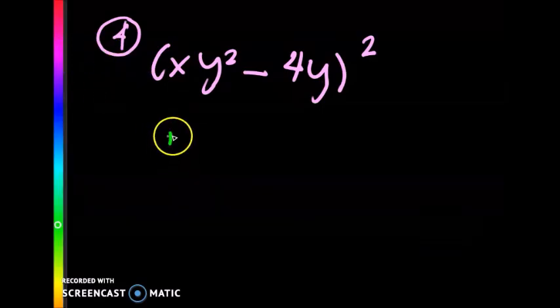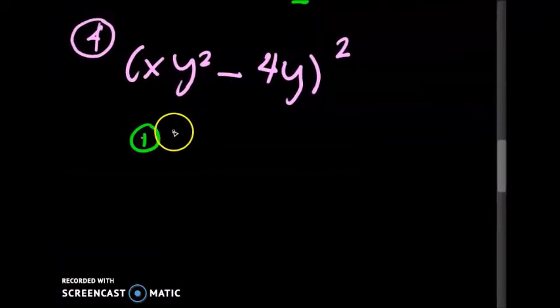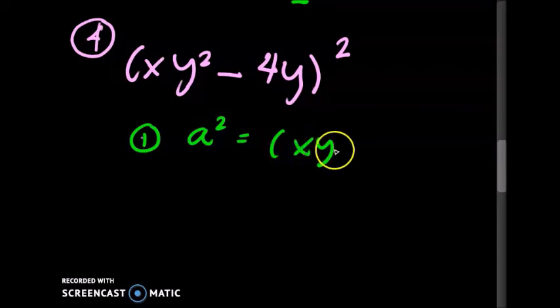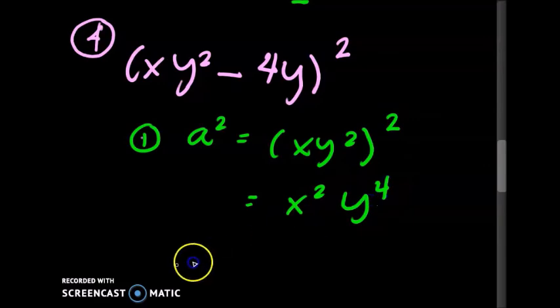Our step number 1, we must get the square of the first term. So the square of the first term, (xy²) raised to the power of 2. Then we get x squared, and y to the power of 2 times 2, 4.